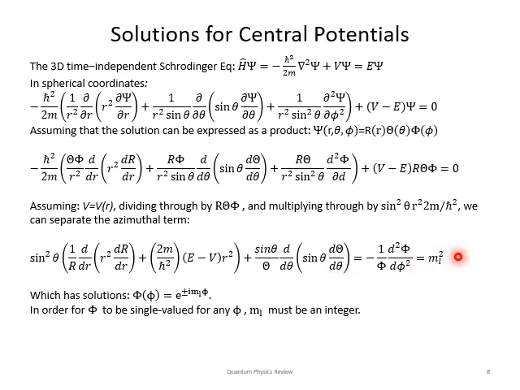And I've chosen, because that is the convention, to set that constant equal to m sub l squared. And the phi equation, just this portion here, now has a relatively straightforward solution, e to the plus and minus i m sub l phi, where m sub l is an integer.